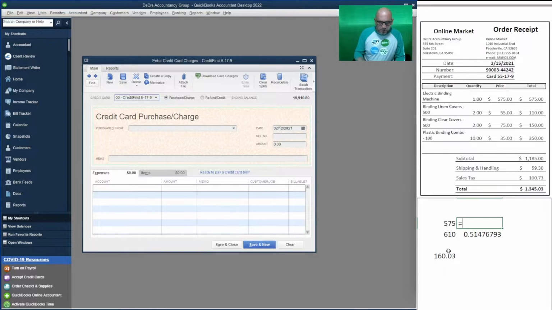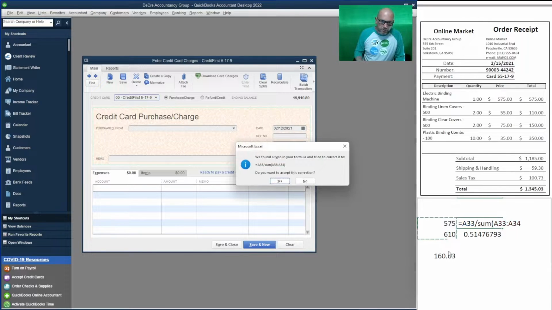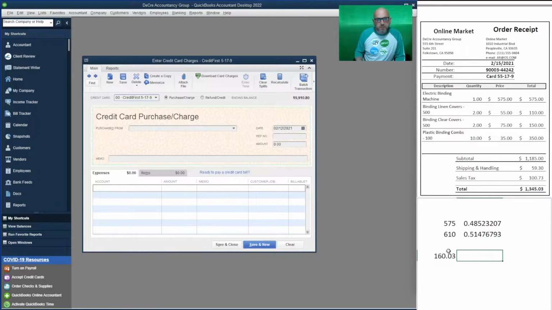It doesn't have to be exact, but basically we'll have 48% on this, and we'll have the remainder, to avoid any rounding. So this will be our binding machine, and this will be our supplies.